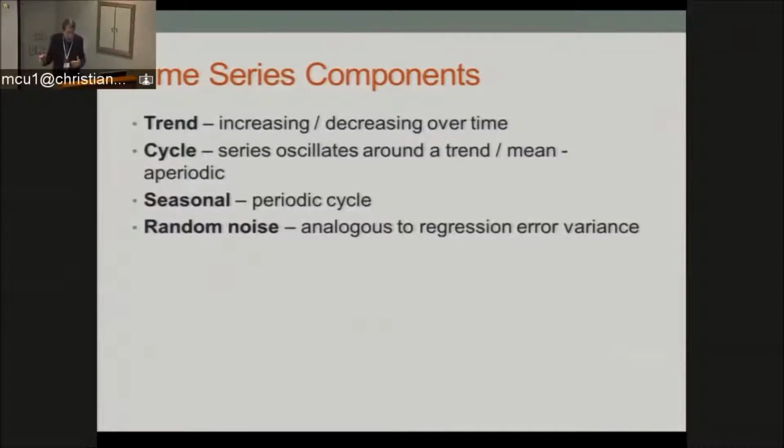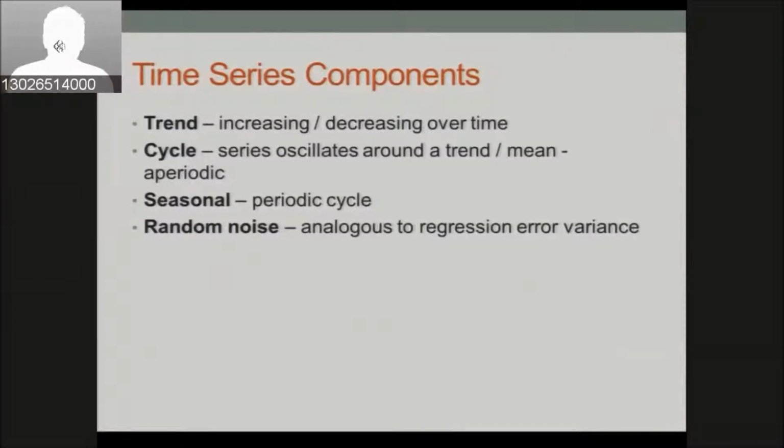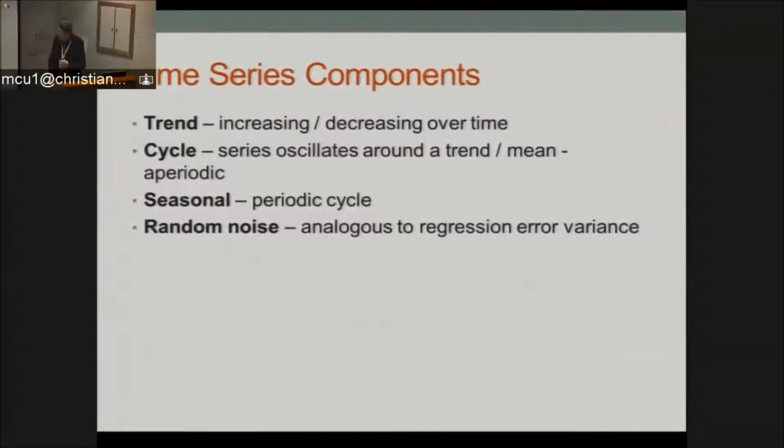They can be closer together or further apart. Seasonality is basically a cycle that's periodic. In other words, it happens on a regular basis at the same time throughout your series. And then finally, random noise, which is analogous to error variance in regular regression.